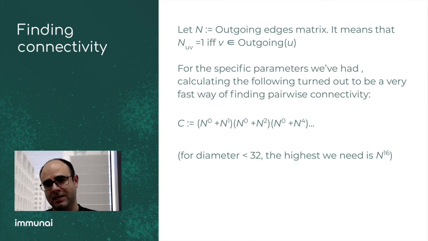So add some matrices and multiply some matrices, which are all powers of the original outgoing edges matrix. And at least in terms of formulating the algorithm, that was the simplest way to go forward.